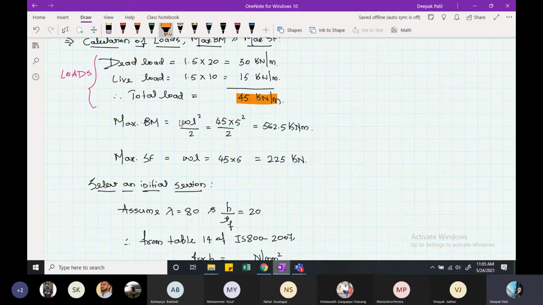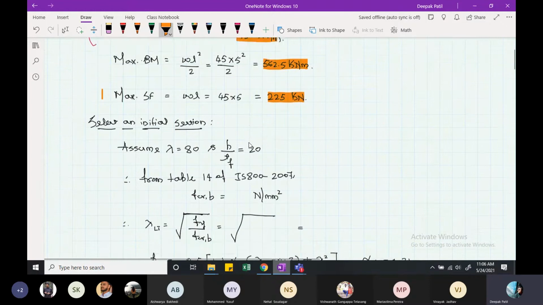The maximum bending moment on the beam is 562.5 kilonewton meter. The maximum shear force will be the total load, W into L, so 45 into 5, which is 225 kilonewton. So when there is a cantilever beam, this section changes, and you have to apply the appropriate formula to calculate the maximum bending moment and the shear force.